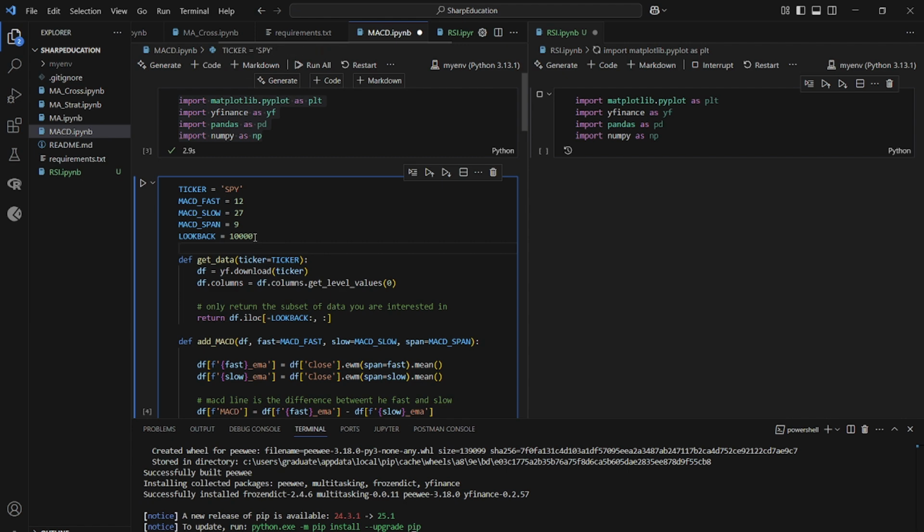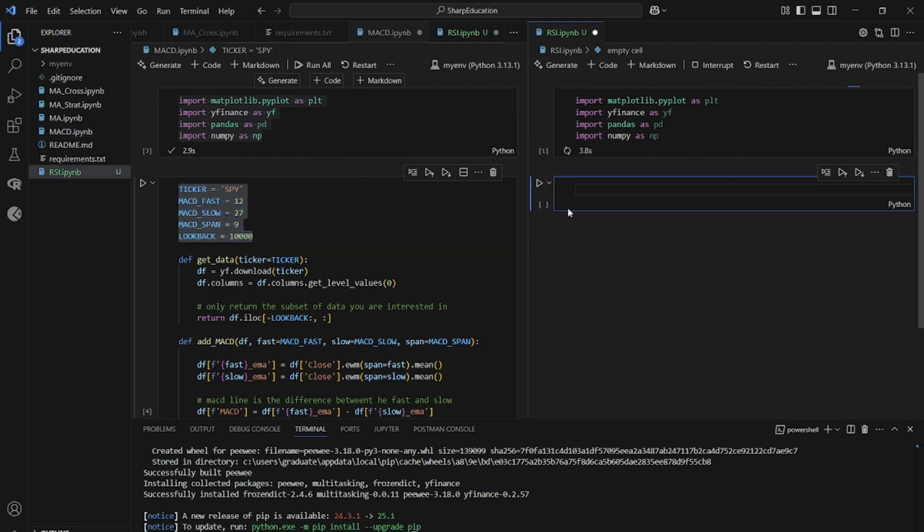And the global variables we're using are going to be a bit different because this indicator doesn't function quite the same way. So to build the relative strength index, we need to first calculate the period we want the relative strength index to be over.